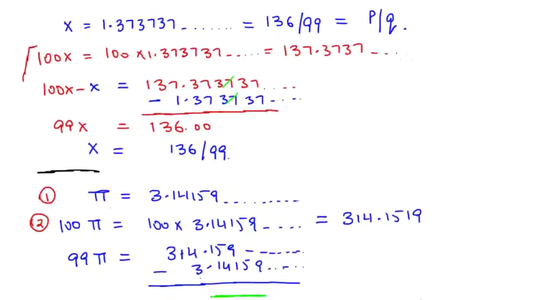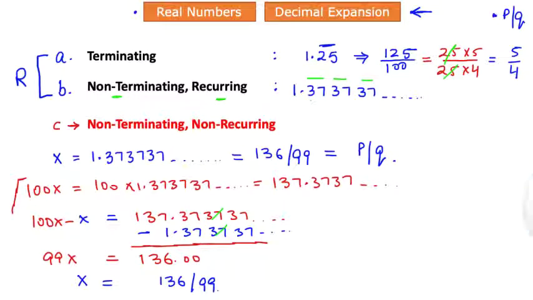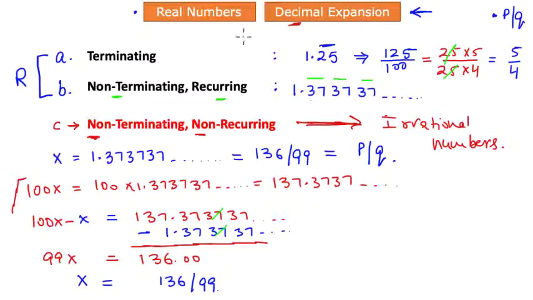So therefore, just like what we stated above, when we classify numbers into the category of numbers that are non-terminating and non-recurring, then those numbers can be classified as irrational numbers. So this is the idea of decimal expansion, that decimal expansion could exist in three forms: terminating, non-terminating and recurring, and non-terminating and non-recurring.